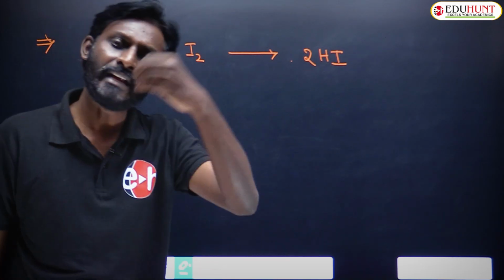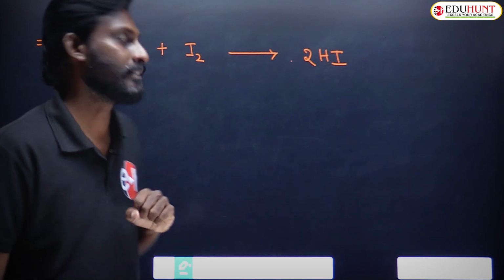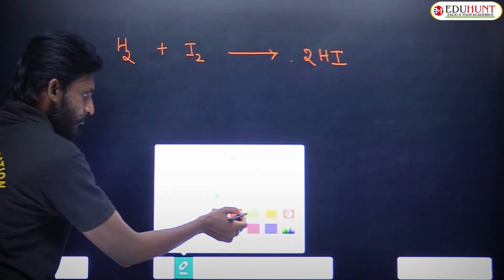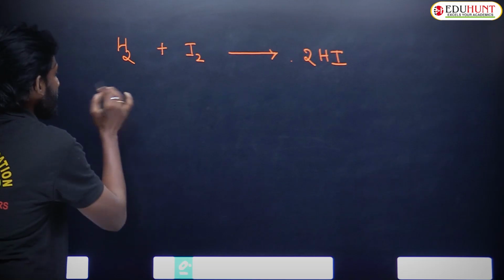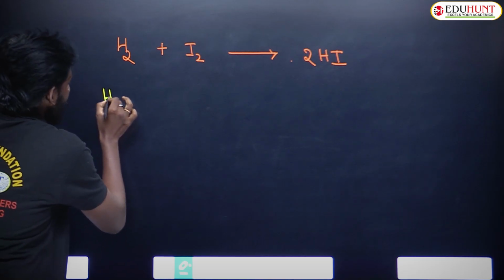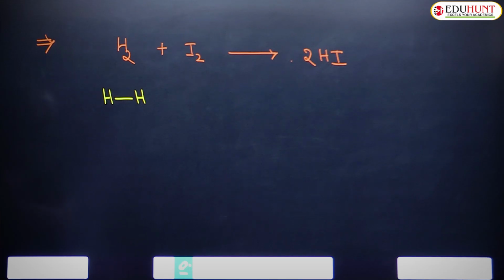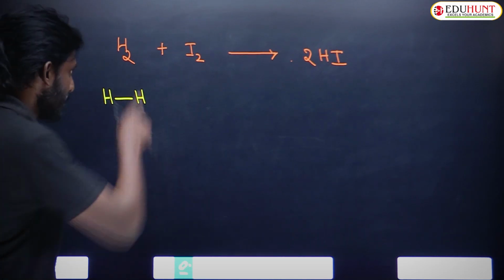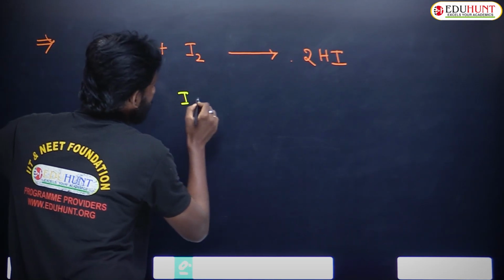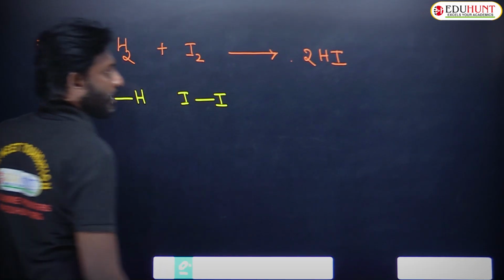Chemically, HI is entirely different. So what happens? If you get into the bond structure of these chemical species, in hydrogen there is a chemical bond between the two hydrogen atoms, and similarly in iodine, there is a chemical bond between the two I atoms.